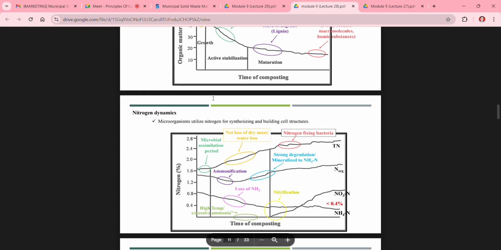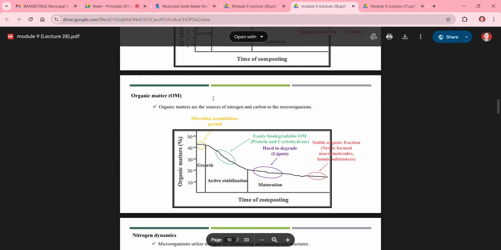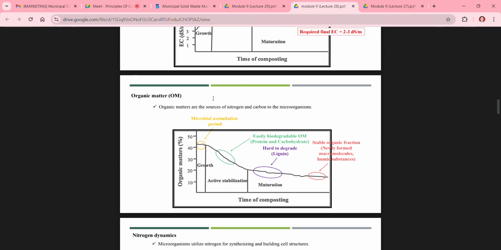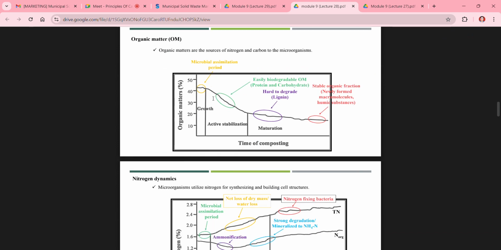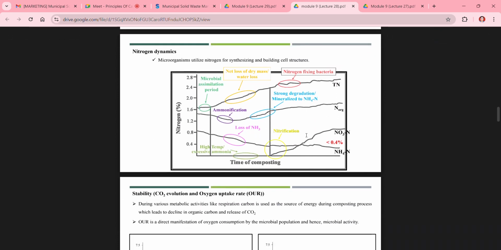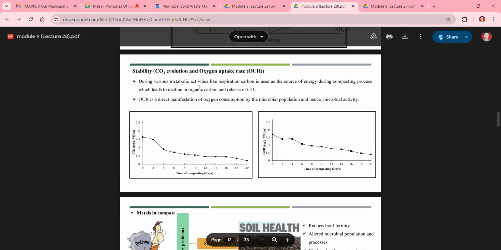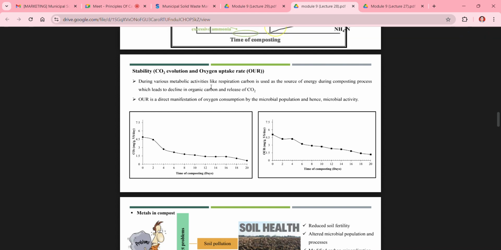So for getting the optimum electrical conductivity and organic matter, we need an optimum maturation period after the composting process. Then coming to the nitrogen content, we need a proper carbon to nitrogen ratio in the final compost material. Then coming to stability, CO2 evolution and oxygen uptake rate.